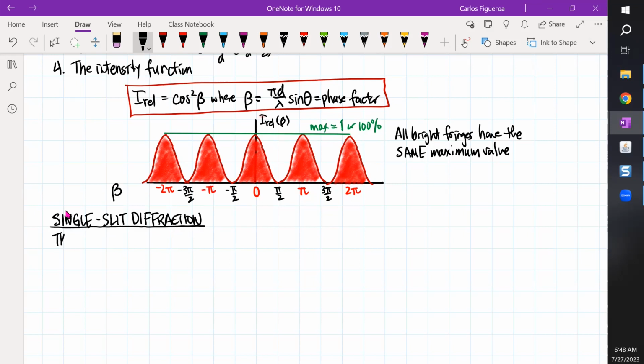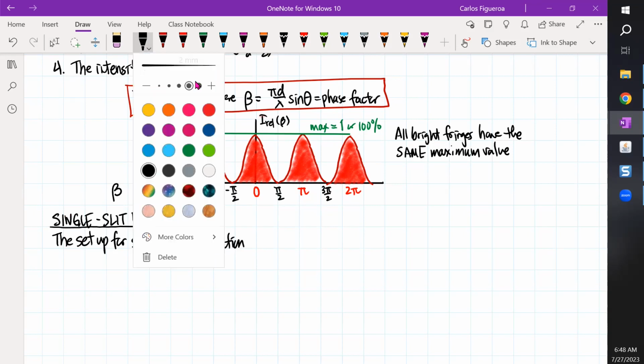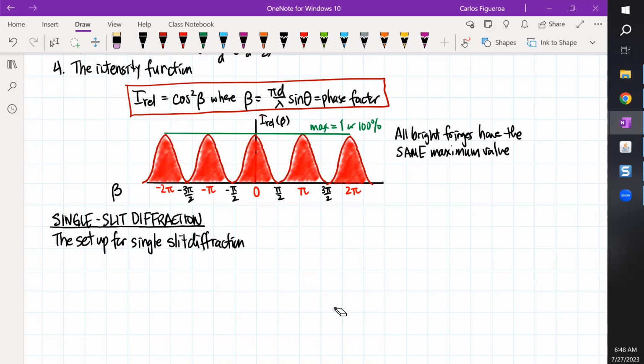The setup for single slit diffraction is very similar to two slit.